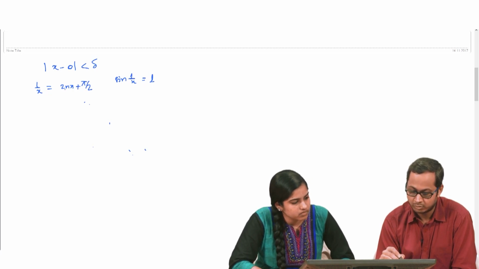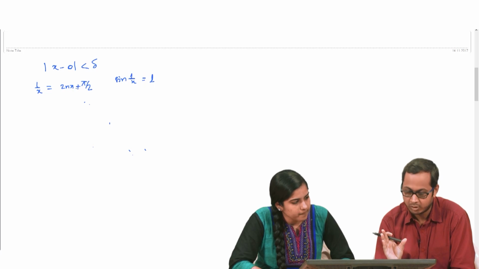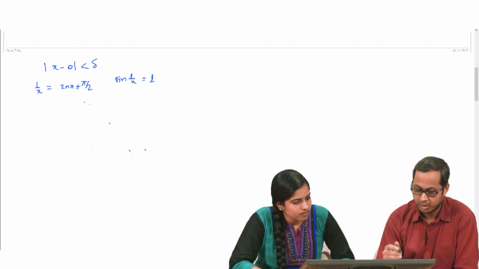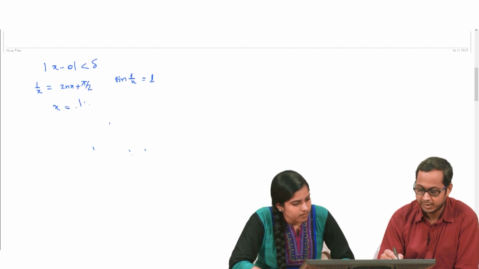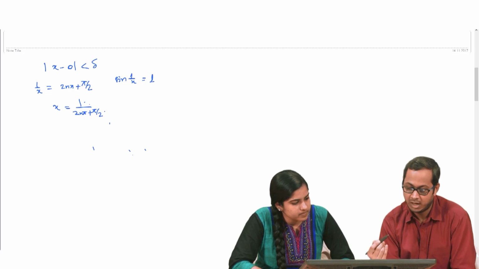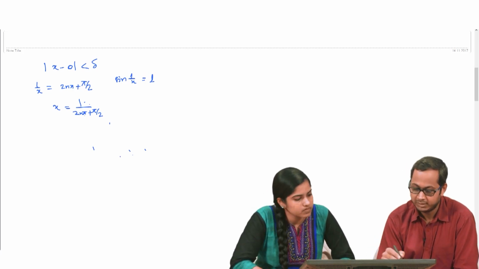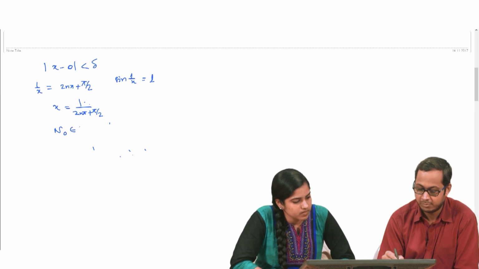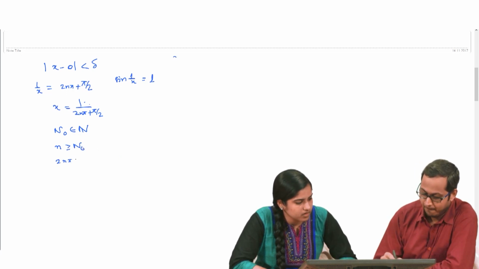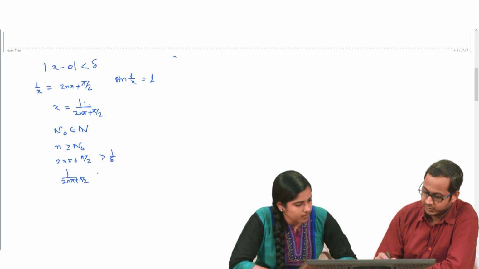I need x in the small neighborhood of delta. So if I take x as 1 by 2n pi plus pi by 2, using the Archimedean property we can find some n naught in the natural numbers such that whenever n is greater than or equal to n naught, 2n pi plus pi by 2 is greater than 1 by delta. So 1 by 2n pi plus pi by 2 is less than delta.